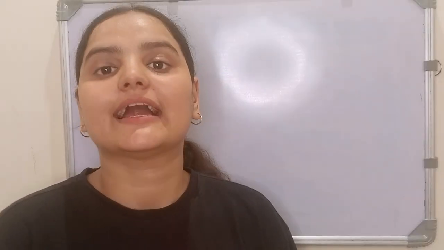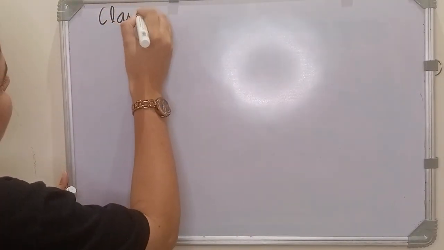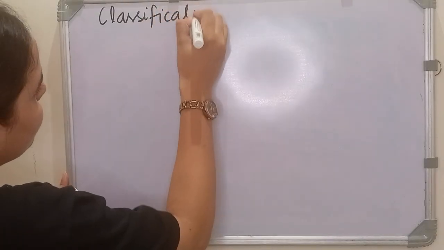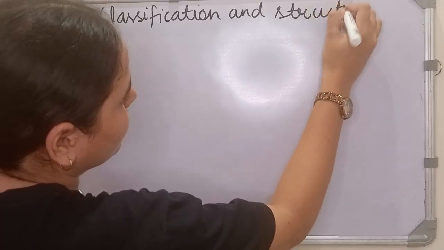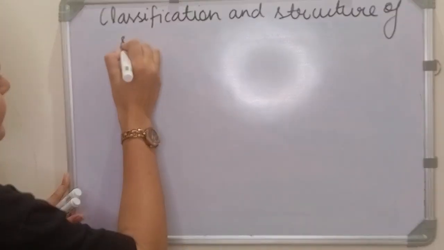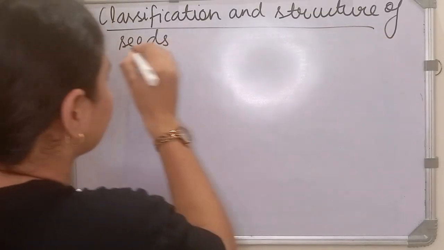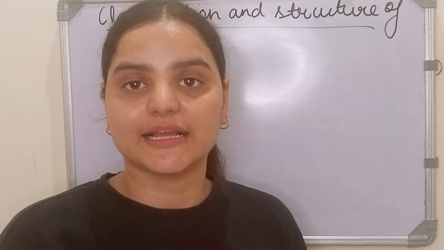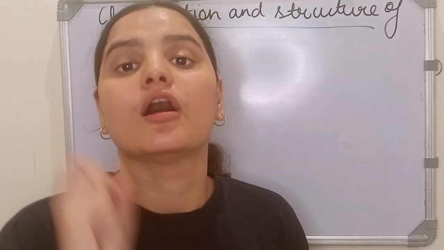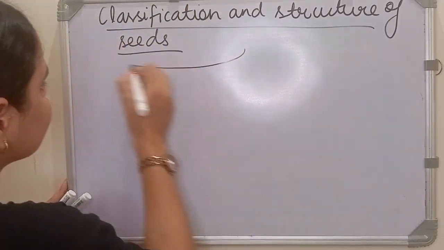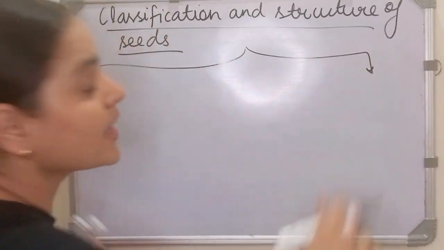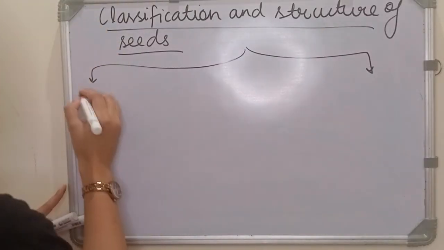Okay, now let's study classification and structure of seeds. So based on the number of cotyledons present, seeds are of two kinds: monocotyledonous seeds and dicotyledonous seeds.